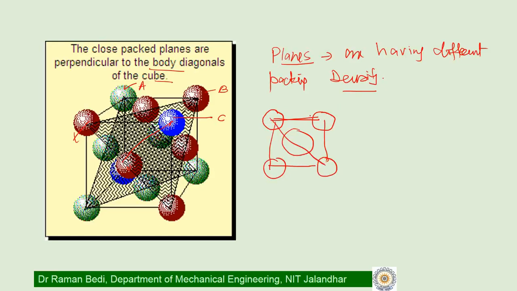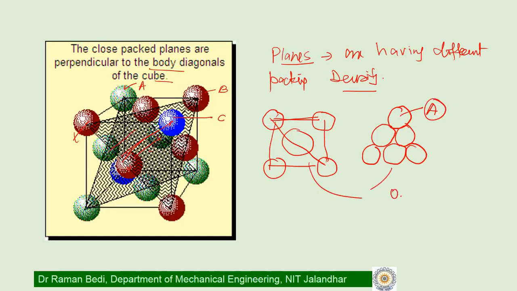And when you look at this inclined plane, the atoms are arranged differently, like this. So this is the arrangement of atoms as far as your A set of planes is concerned, and this is the arrangement of atoms when you look at the front face of this cube.